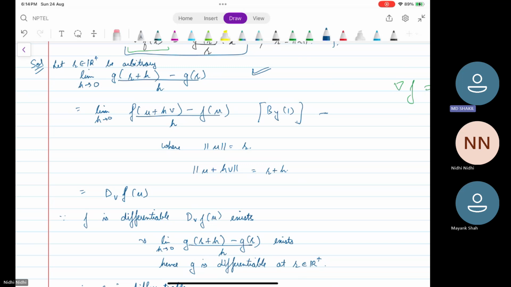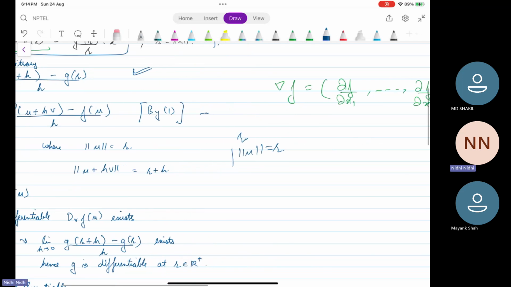G of r plus h becomes f of u plus h v. How? See, r is a real number, so clearly I can find a vector u such that its norm is equal to r. What do we mean by norm u equals r in the Euclidean plane?